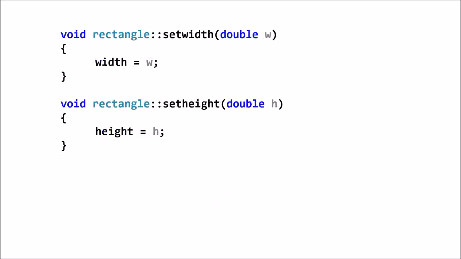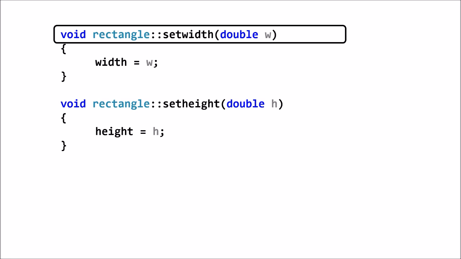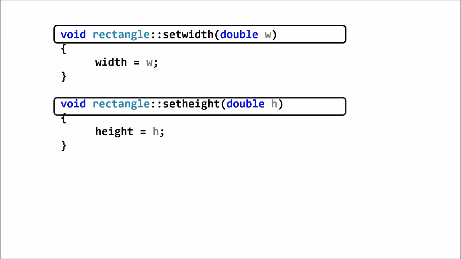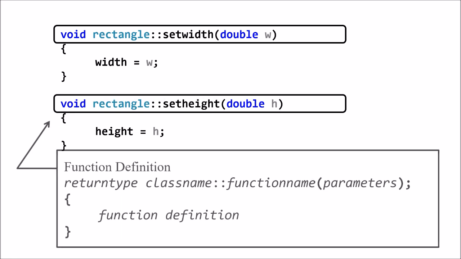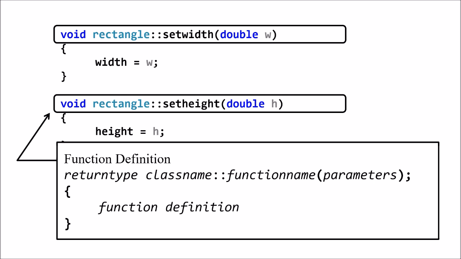These function definitions follow the same form. The first line is the definition line, which has first the return type. In this case, the return type is void because we do not need to return a value. Then the class name. In both cases, the class name is rectangle. The double colon, the scope resolution operator, and then that's followed by the function name, setWidth and setHeight.